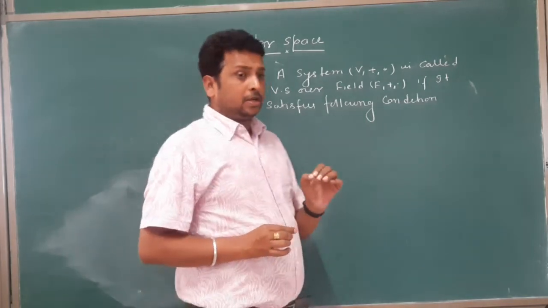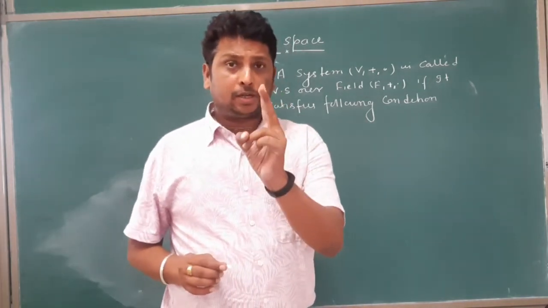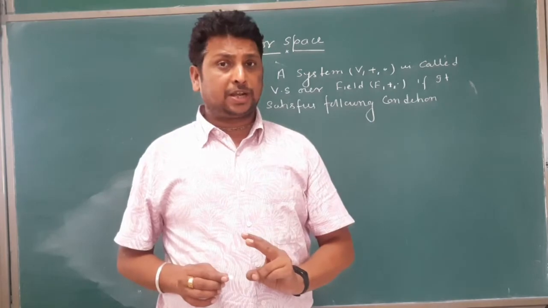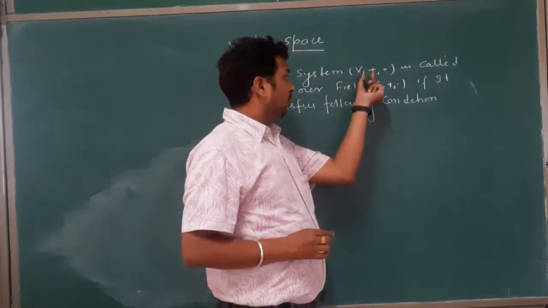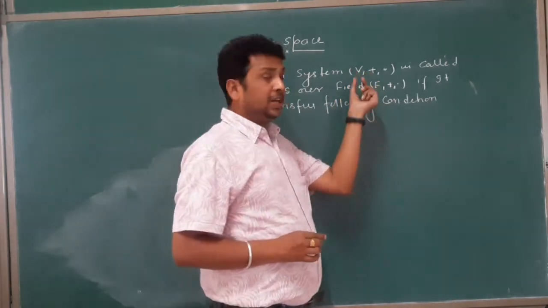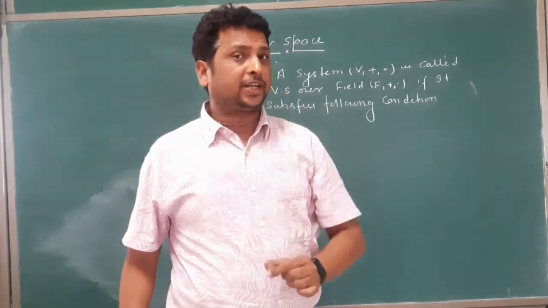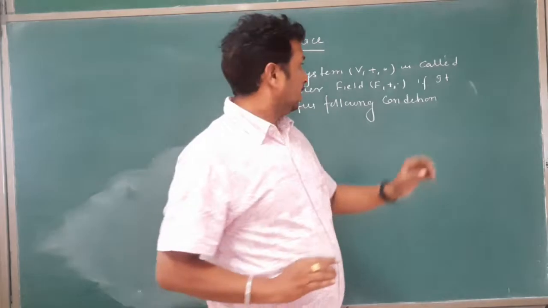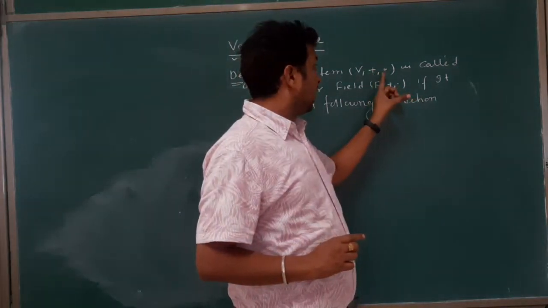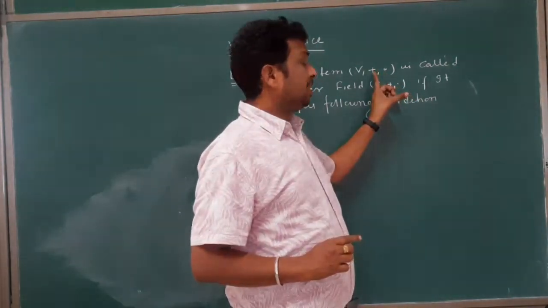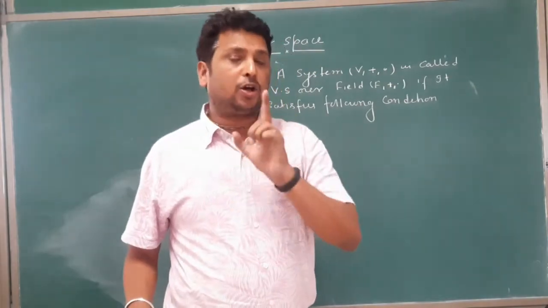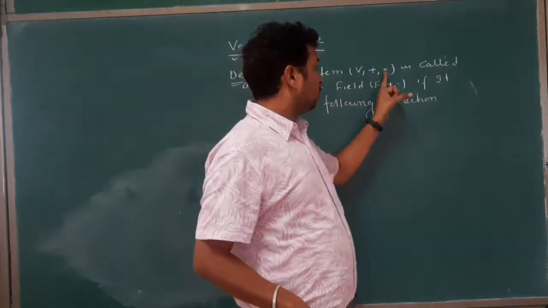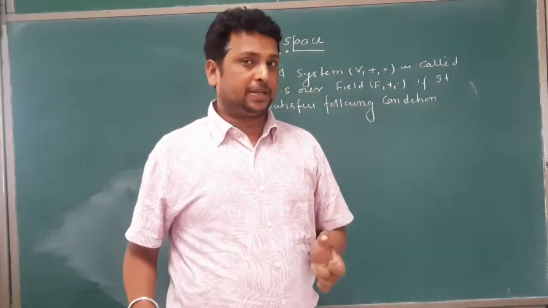So remember, for a vector space, two things are required. One is V. V is called a set of vectors, meaning we have a set which contains vectors, and two operations, plus and dot. Plus is called an internal operation and dot is called an external multiplication.